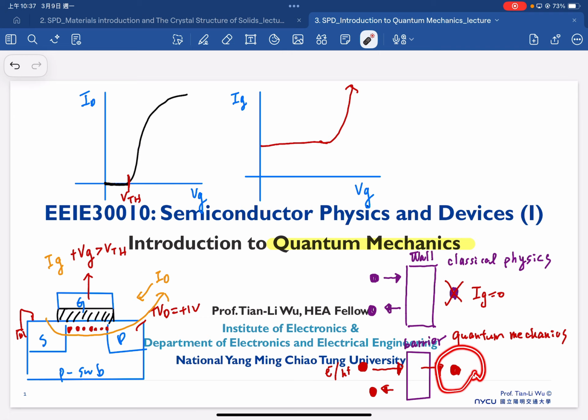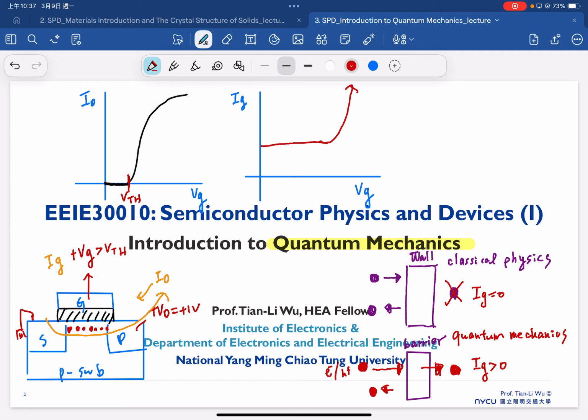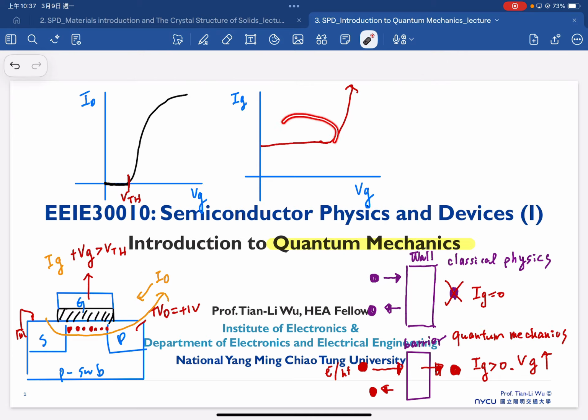And this justifies the reason why we start to see the gate current exist as the gate bias increases. And this justifies why this current can happen.